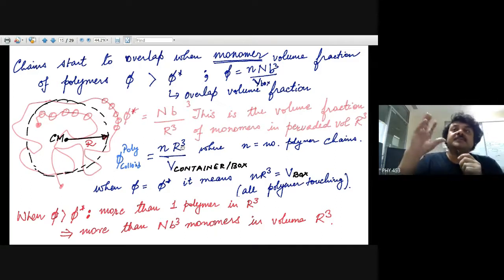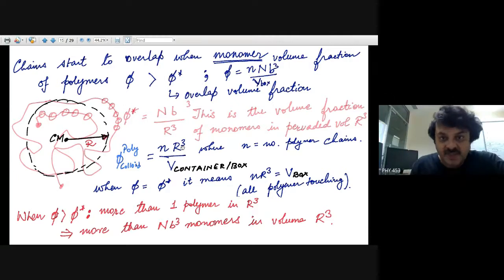But still, if you take the pervaded volume, you calculate it as R cube, and R cube divided by V container box, then you call it the polymer volume fraction calculated the way you would for a colloidal system. So it's the colloidal volume fraction for a polymer. That is sometimes used in literature, so just for your information, okay.